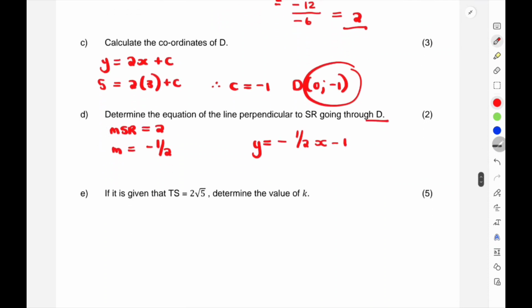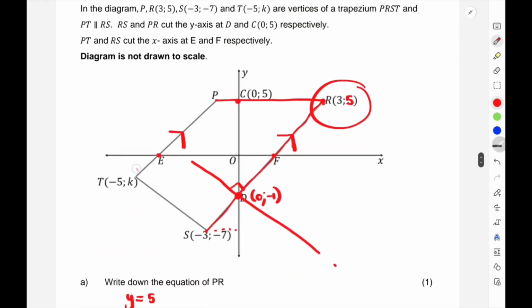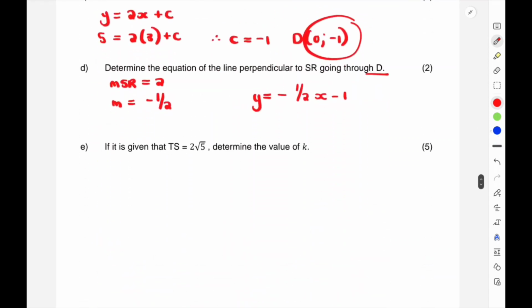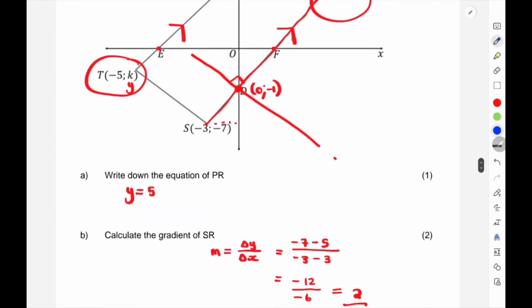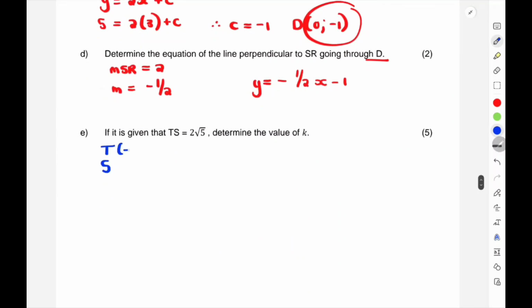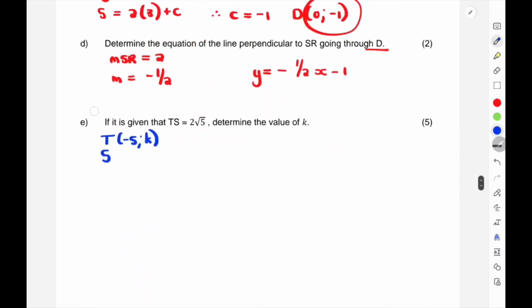Okay, it is given that TS is 2 square root 5. Determine the value of K. So K over here is the y value of that coordinate, and they are talking about TS. So let me write down, like I always do, coordinate T, which is negative 5, K, and S as well, which is negative 3, negative 7.